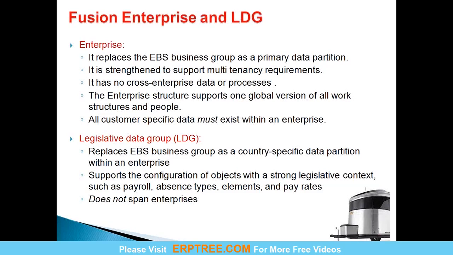Enterprise to enterprise is hard partitioned, and the enterprise structure supports one global version of all work structures and people. Your business may be spread across the globe with operations in multiple countries, but one enterprise structure supports it all, and it is customer-specific data within the enterprise.